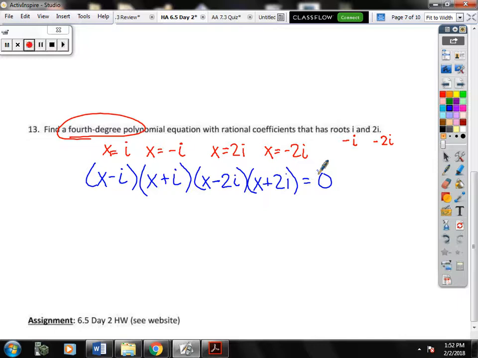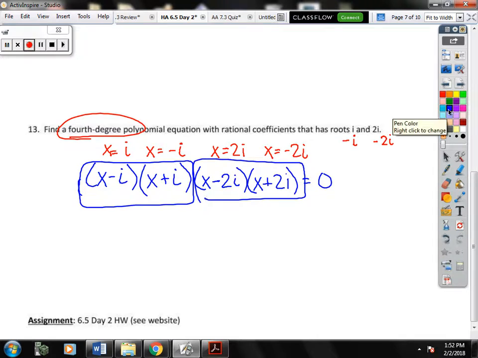And then this one's a little easier to FOIL because you don't have as much with the plus or minus. There's not like 3 things in a set of parentheses. So I would FOIL 2 of them at a time. Group them, and do the ones that look almost the same but have just the sign change, because then stuff cancels. Do not mix and match, because then it'll be a mess.